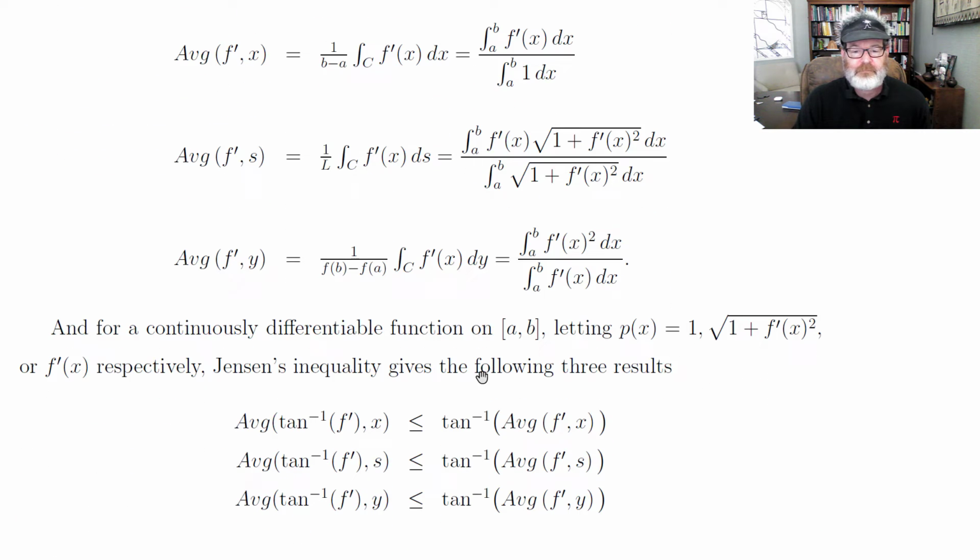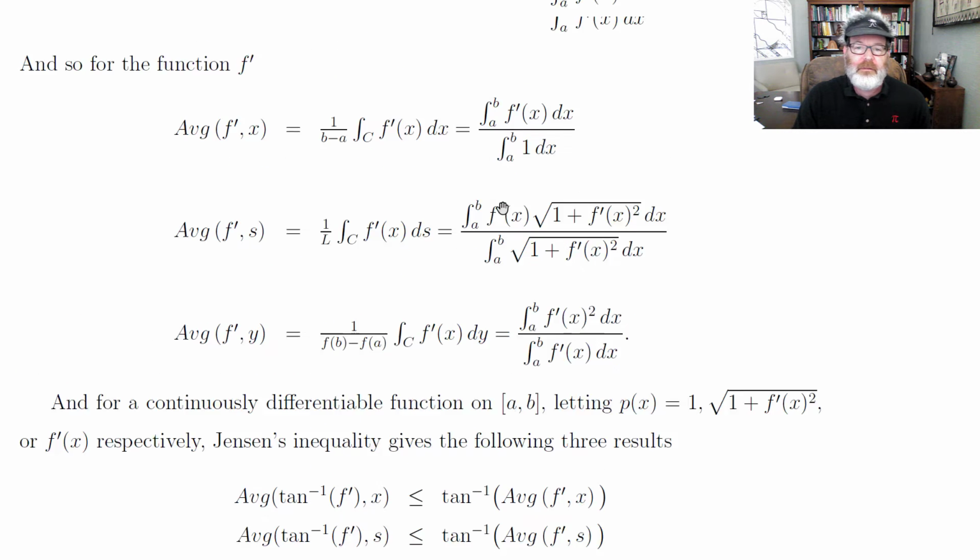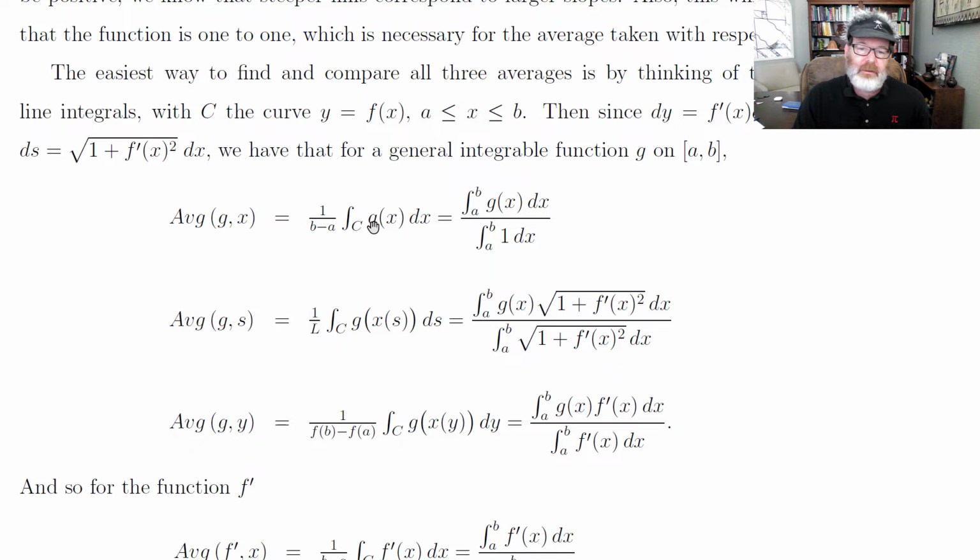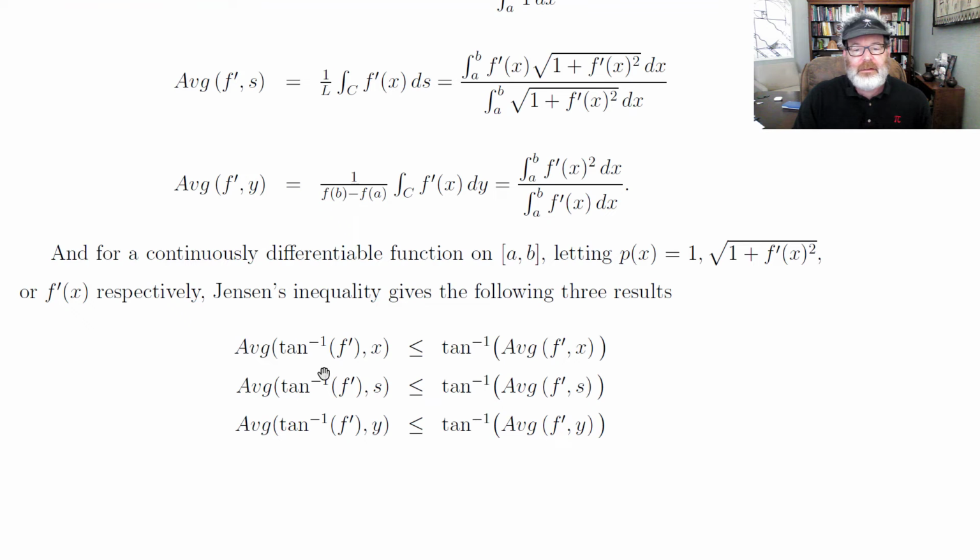Okay, so from Jensen's inequality, arctan of f prime goes in for g in each spot, then the average angle is always going to be smaller than the angle of the average slope.